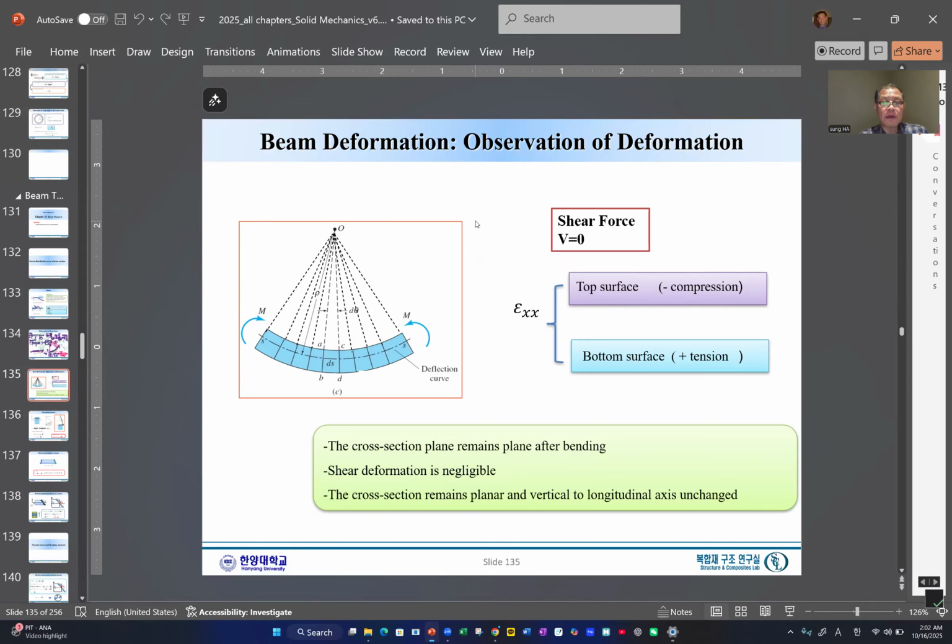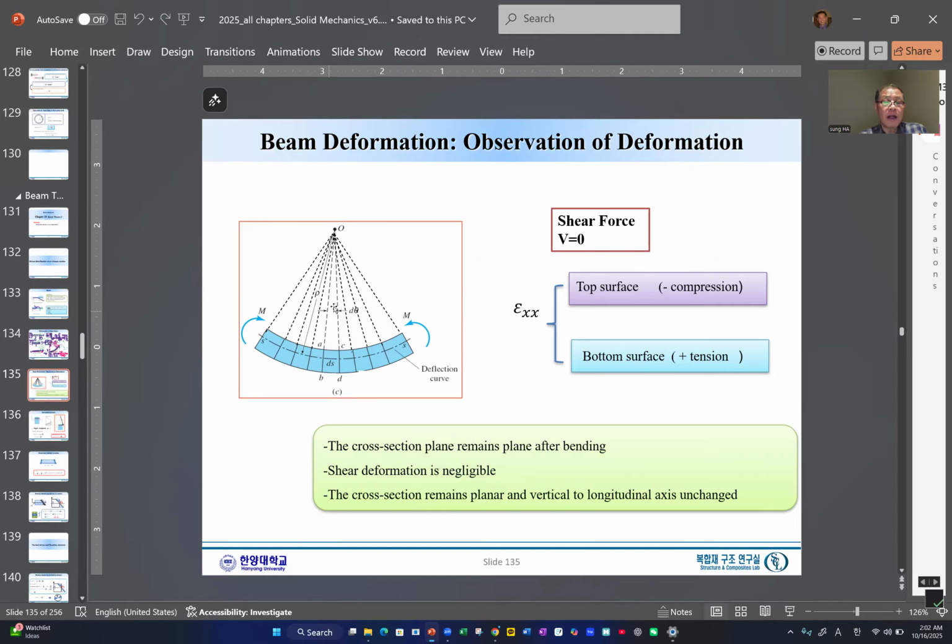observation we start with for the beam theory is the deformation. Well, you can say this is an assumption, but this is most likely what's happening in the beam. So let's say we have a straight beam, and then we apply the moment M on the right-hand side and M on the left-hand side.